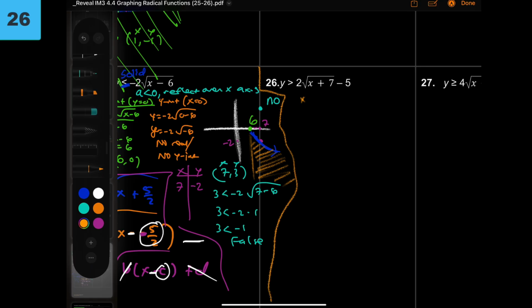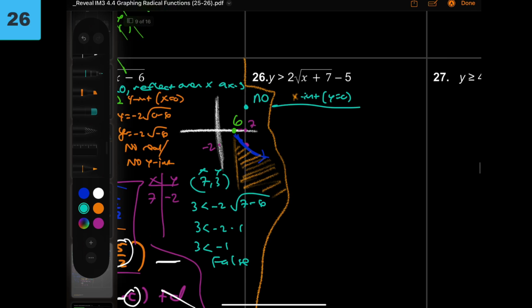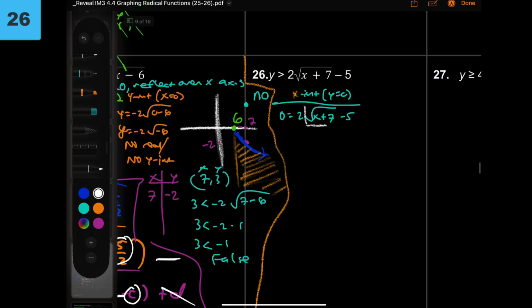Let's find our x-intercept. Let's make the y 0. So when you look at this one, you can treat it like this box here. Think of it like 2x minus 5. So normally you would just add 5 to both sides. Then divide it by 2.